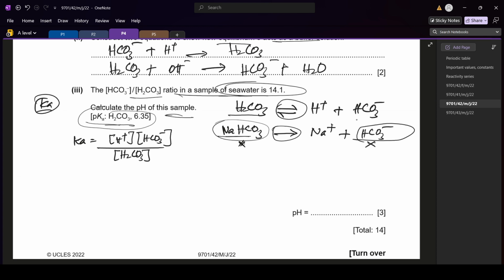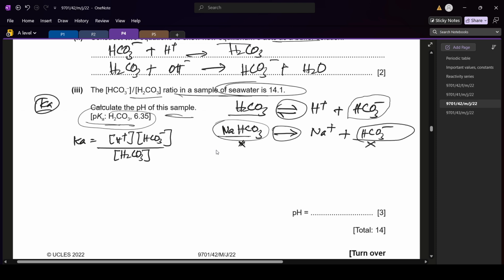But the concentration of hydrogen carbonate is equal to that of sodium hydrogen carbonate, because the hydrogen carbonate from the acid is very little, so we don't consider it. We assume the concentration of hydrogen carbonate ion is equal to the concentration of salt.